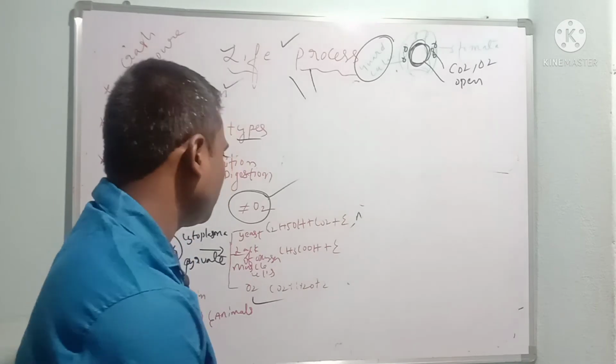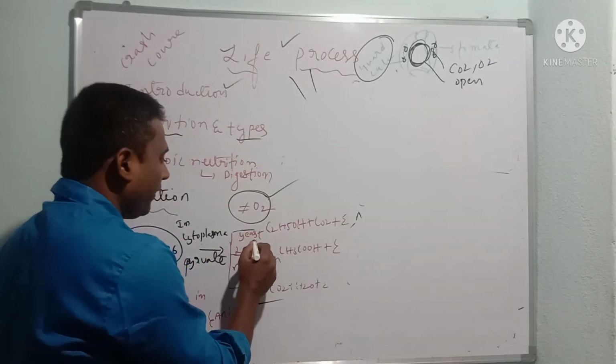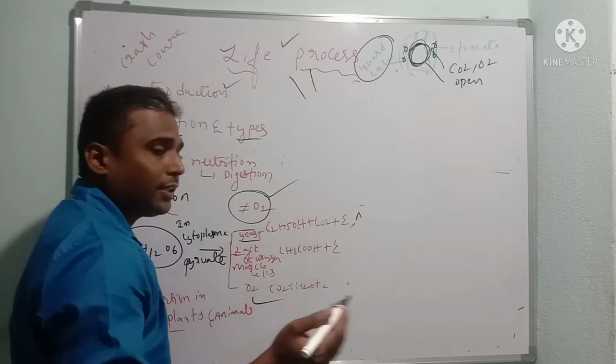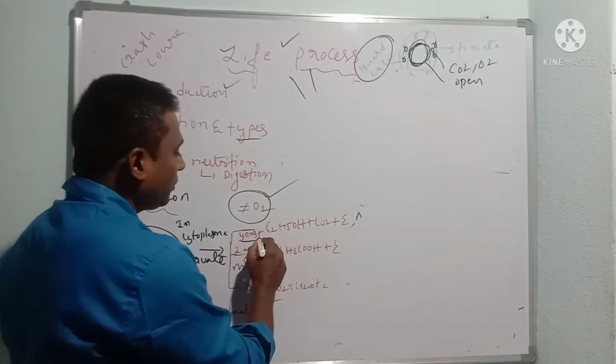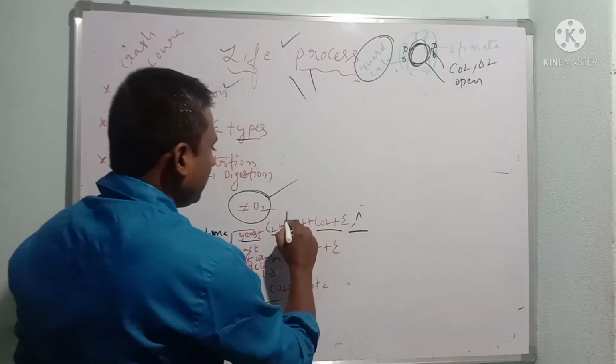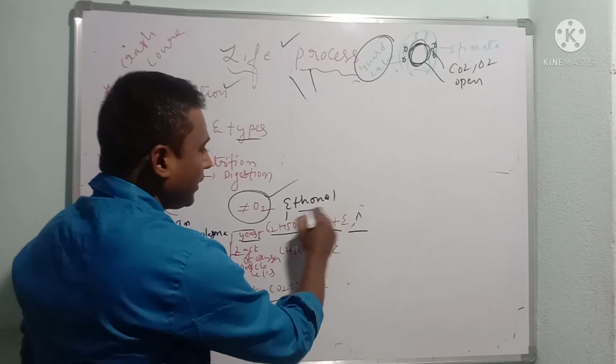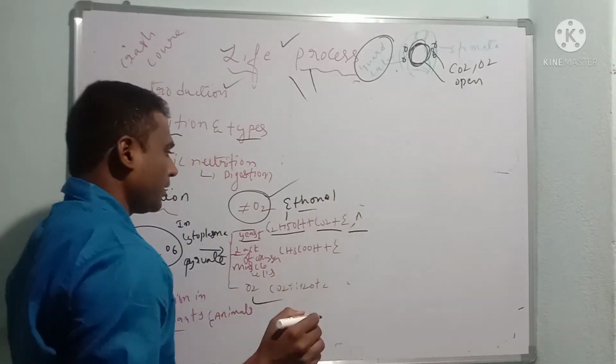Just as we understood, now what is going to happen? This we can find in yeast, that is, bacteria and so on. It is going to release ethanol, carbon dioxide and energy. This is called ethanol. Remember, children, they will ask you for examples of these reactions in the exam.